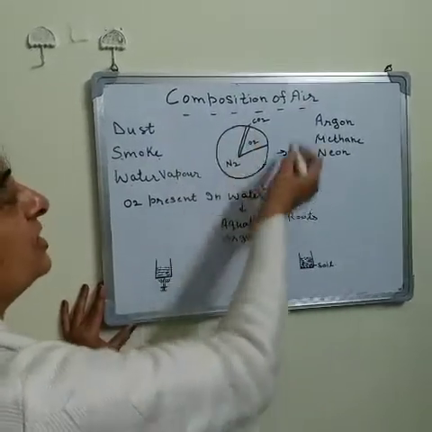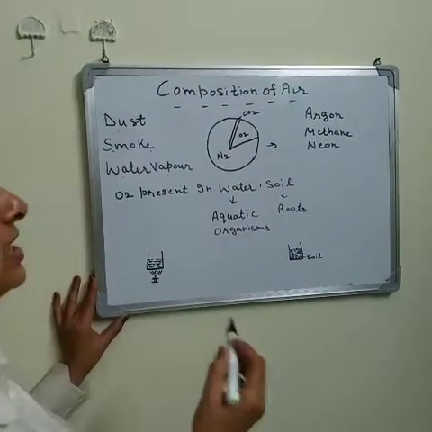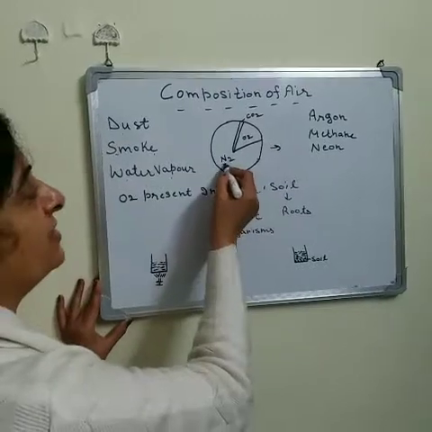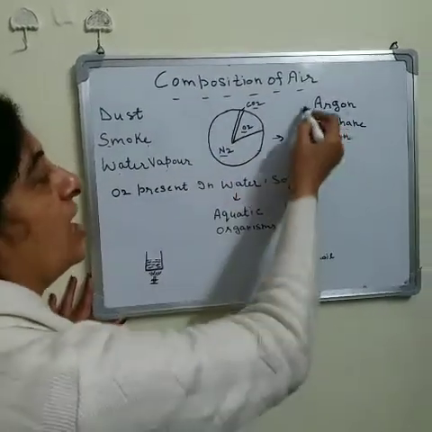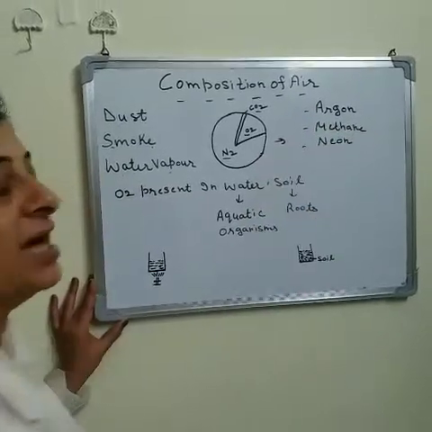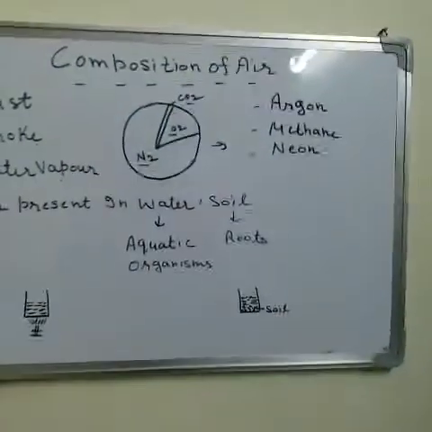When we see the composition of air, air is a mixture of gases like nitrogen, oxygen, carbon dioxide, argon, methane, neon and a number of other gases.